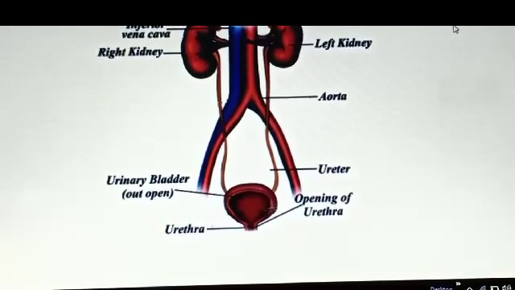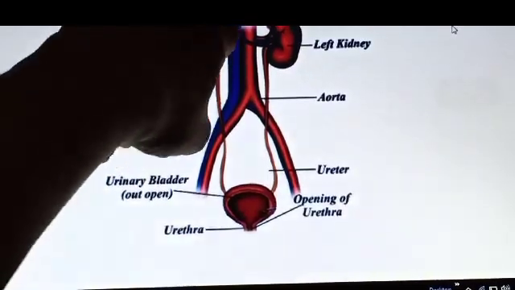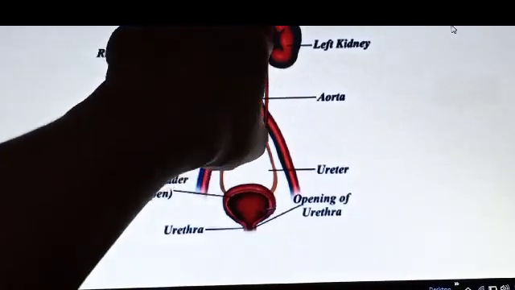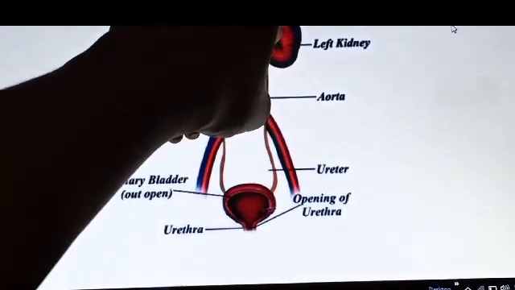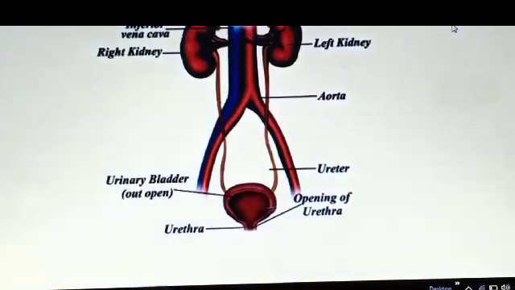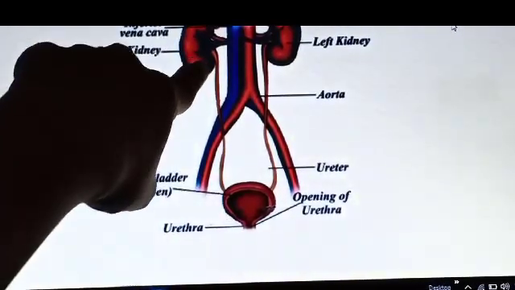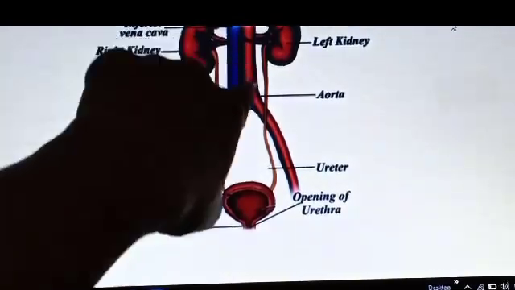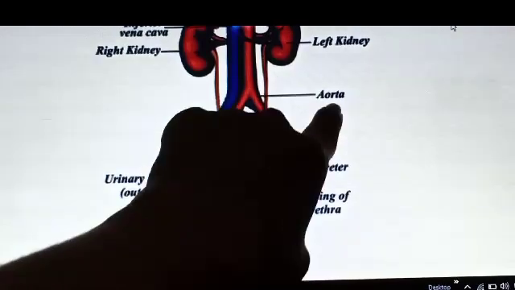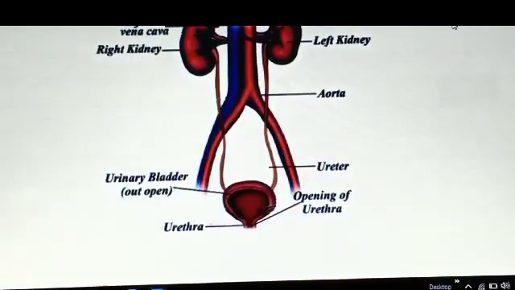Now, including it, you have to draw the aorta and the adrenal gland. Here you can see the 2 cup-like structures on the upper side of the kidney, that is called the adrenal gland, and this red color that carries the oxygenated blood is known as the aorta.